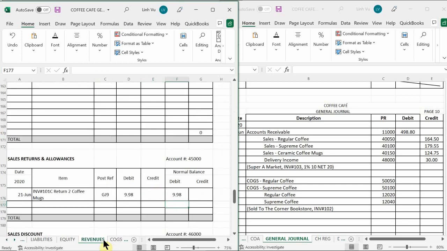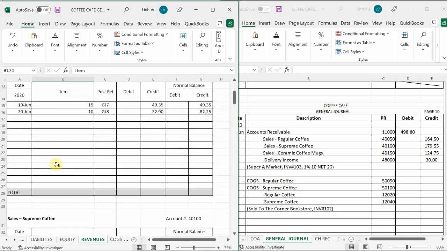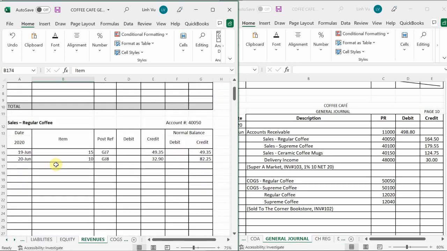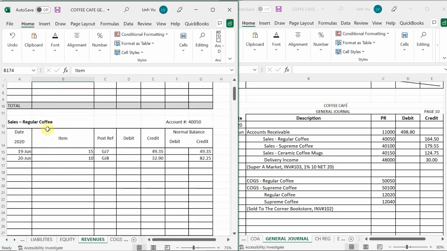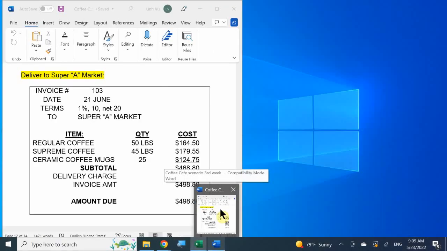Okay. So then now we end up selling our coffees. So let's go ahead and go to our revenues here. So we sold ceramic coffee mug. First we started with the regular coffee, right? We sold regular coffee. How many pounds did we sell? For the regular coffee? Oh, 50.